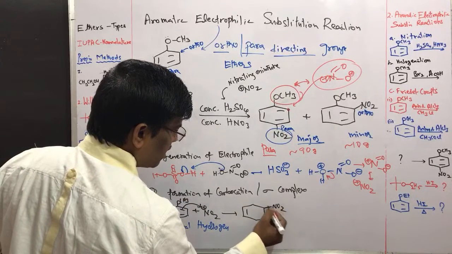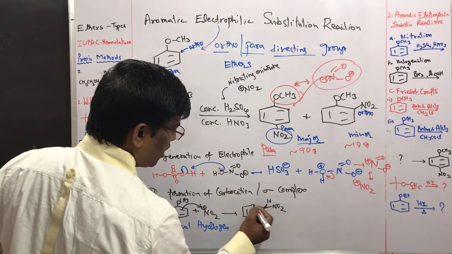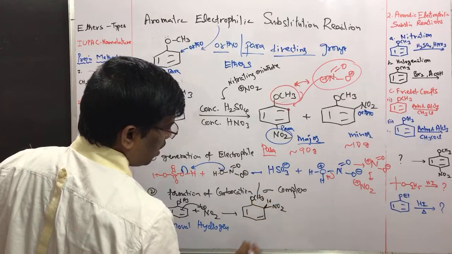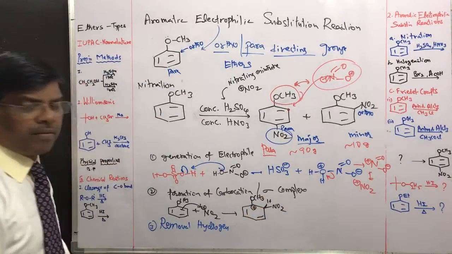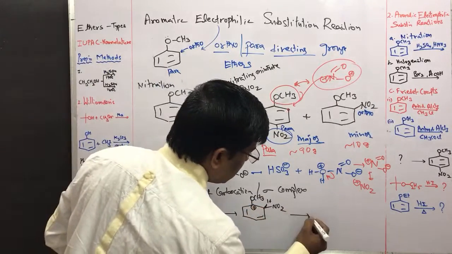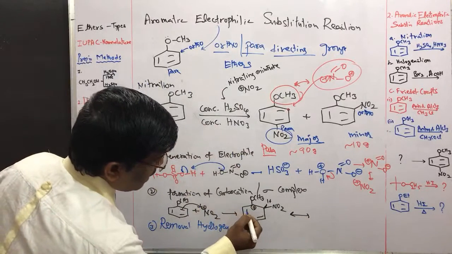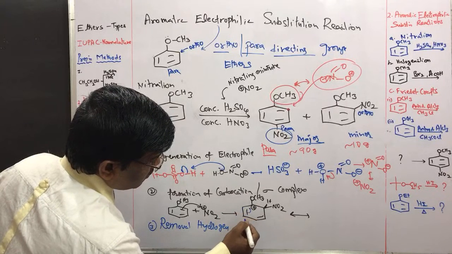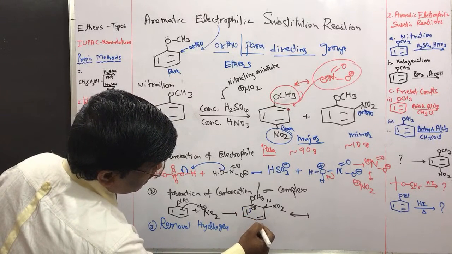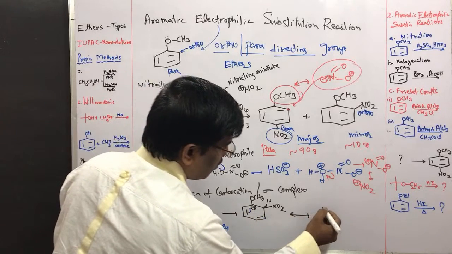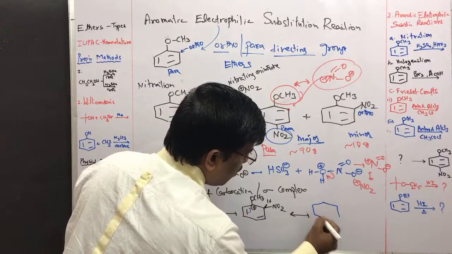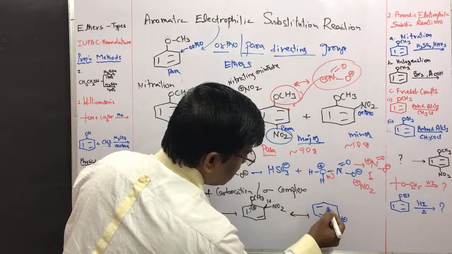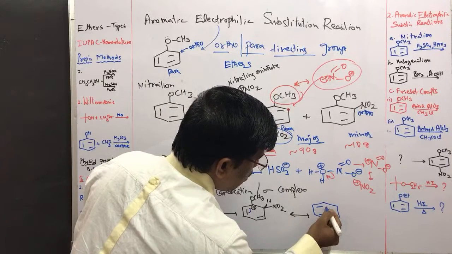This is nitro, attached here, hydrogen is here, already one hydrogen, methoxy undisturbed, and this is a double bond, and here a carbocation. In the resonance structures, if I go on, the positive charge forms here, and then comes here. So the overall compound that I am going to get upon resonance structures is the sigma complex.